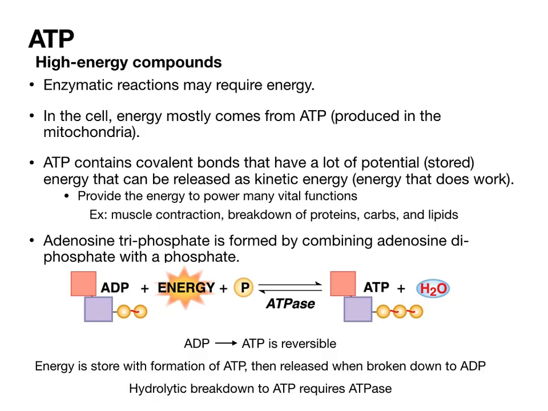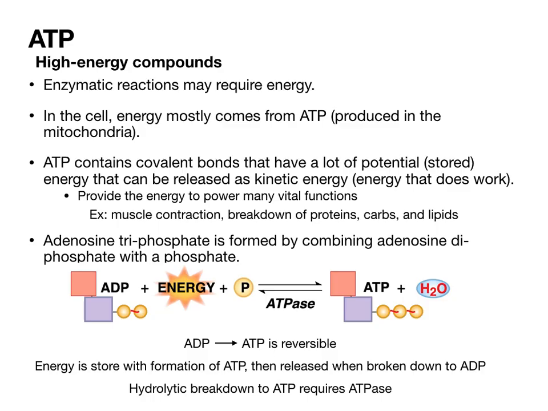It provides energy to power many vital functions, for example, muscle contraction, and the breakdown of proteins, carbohydrates, and lipids. Adenosine triphosphate is formed by combining adenosine diphosphate with a phosphate. So we have the adenosine diphosphate plus energy plus that phosphate. We have that enzymatic reaction of that ATPase.